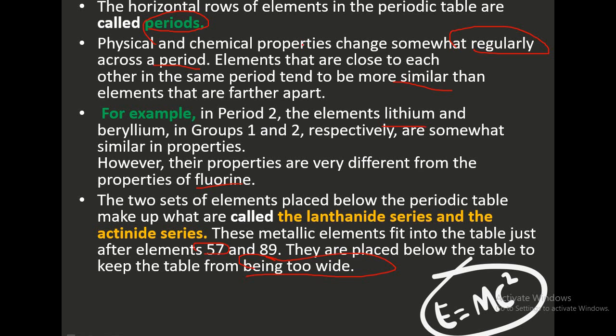Elements that are close to each other are more similar than elements that are farther apart. For example, lithium and beryllium in group 1 and 2 are near each other, so lithium has similar properties to beryllium, but different from fluorine, which is far apart from lithium.